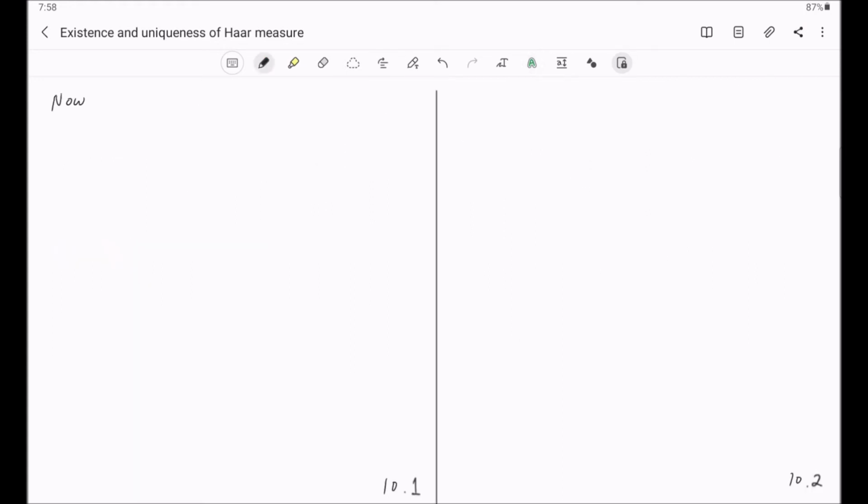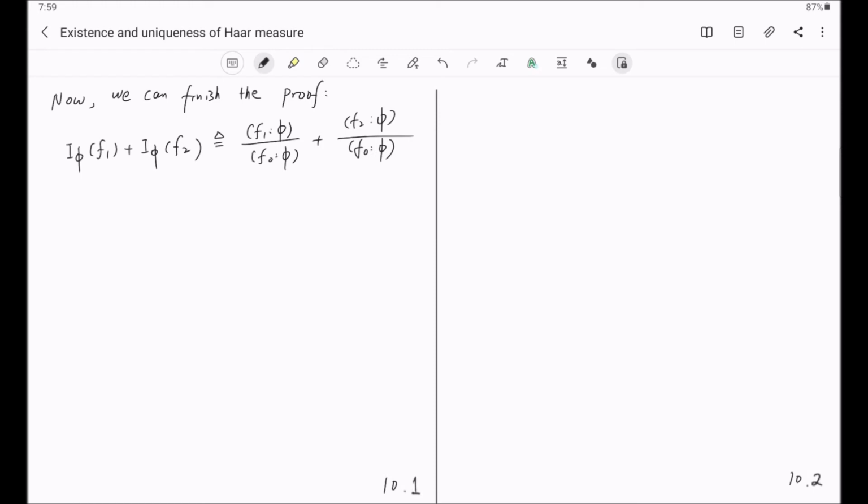Now, we can finish the proof. Notice that I sub phi of f1 plus I sub phi of f2, by definition, remember they are defined by the quotients. Some of you probably have already forgotten the meaning of f0. But you don't have to remember the meaning of f0. You only need to know that this is something that is already fixed.